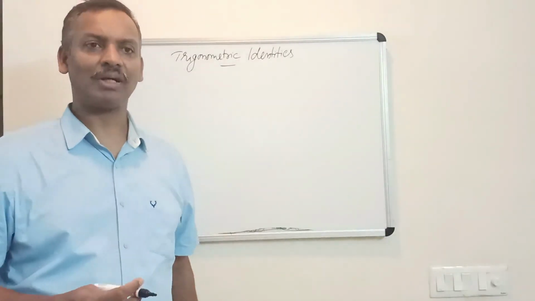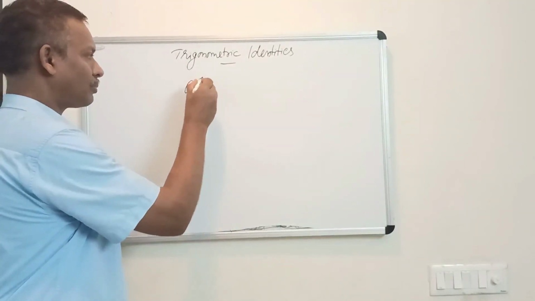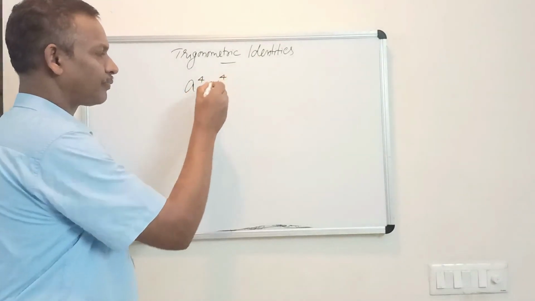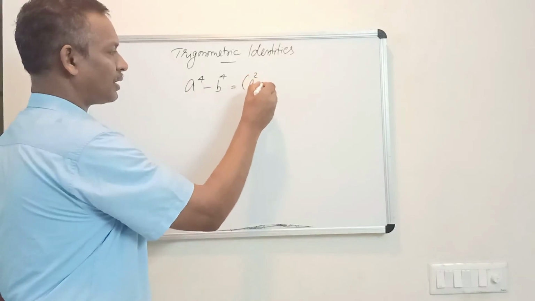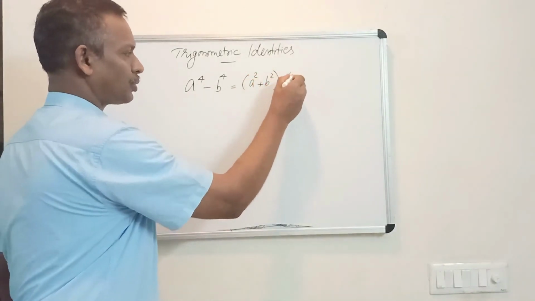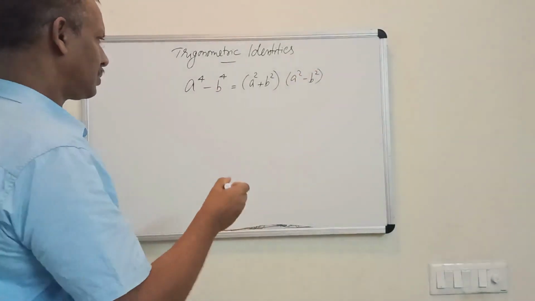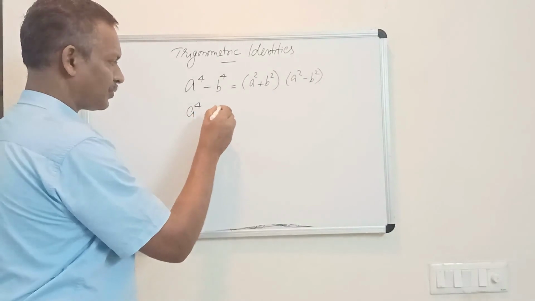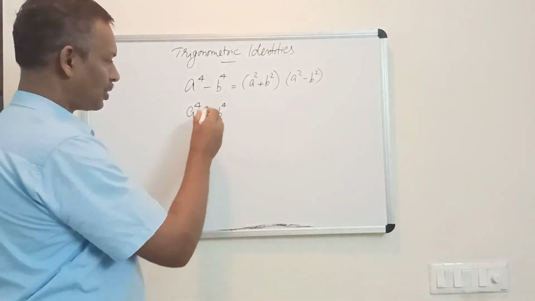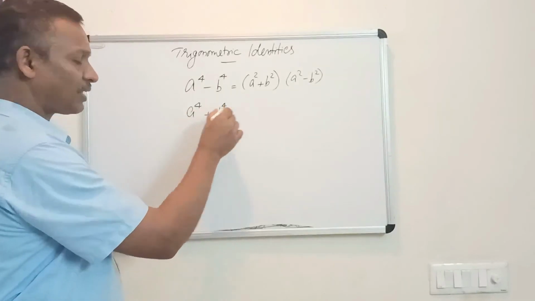Okay, next algebraic identity is a raised to 4 minus b raised to 4. You know it is a square plus b square into a square minus b square. That we know, how to do it. And next one is a raised to 4 plus b raised to 4. Normally we don't have any plus identity like this, but you know from where we get this.